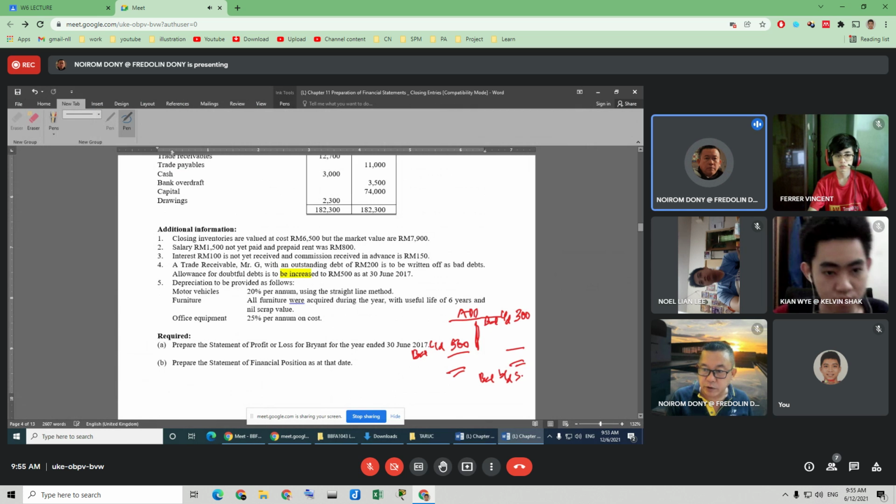You just record 500. Use 500 as a total for both sides. In order to make the credit total 500, you need to put the balancing figure here, which is the doubtful debts, isn't it? We debit doubtful debts, we credit allowance for doubtful debts.